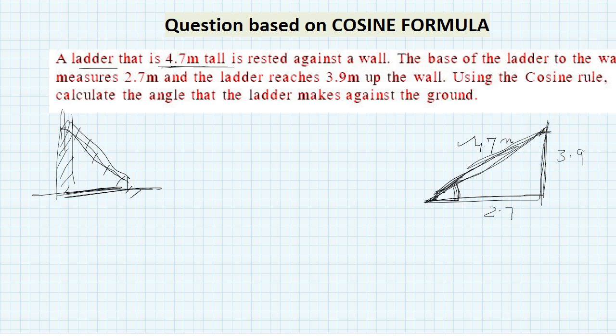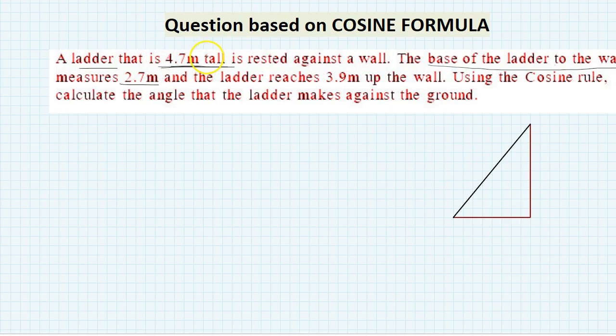The base of the ladder to the wall measures 2.7, and the ladder reaches 3.9 meter up the wall. Using the cosine rule, calculate the angle that the ladder makes against the ground. We have to find this angle. Let me make this figure a bit clear.